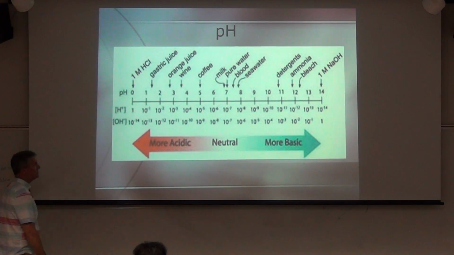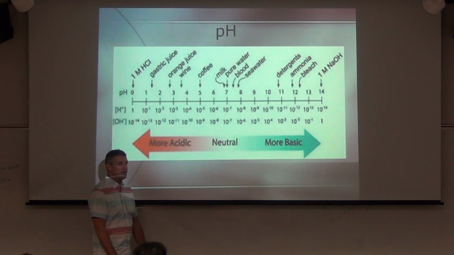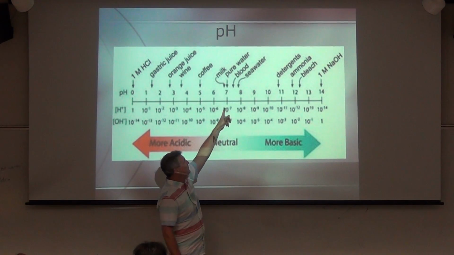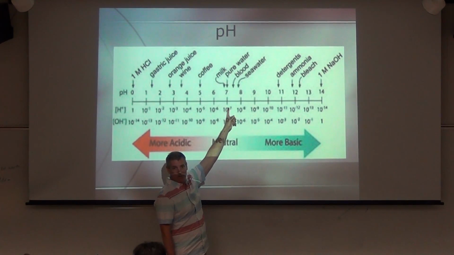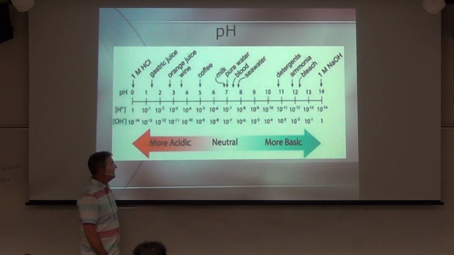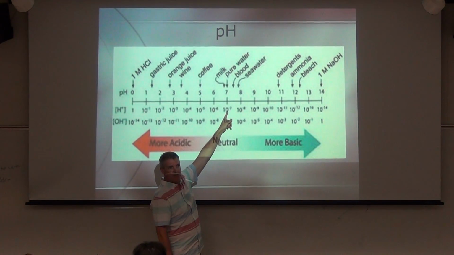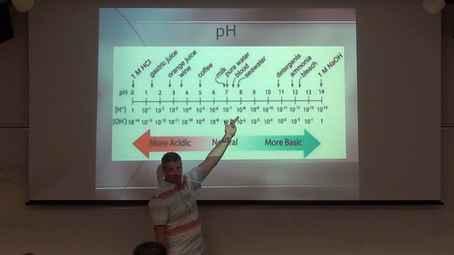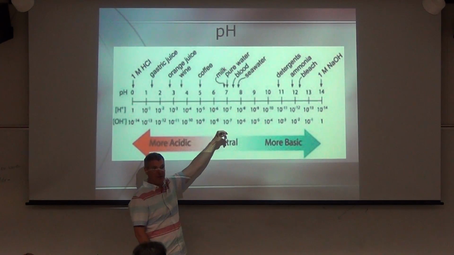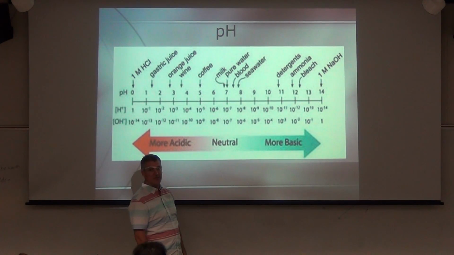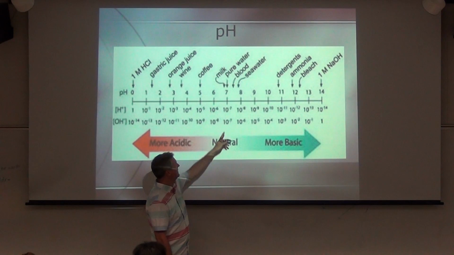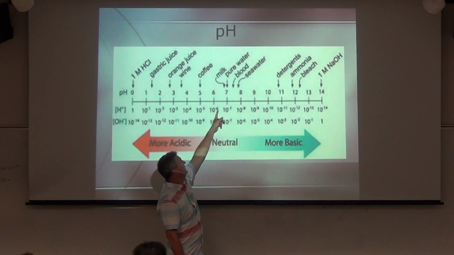But what I wanted to point out to you, or remind you, is what you already know, that pH 7 is neutral, and the concentration of the hydrogen ions at pH 7 is 10 to the negative 7, which is not a lot. 10 to the negative 7 is a small number.